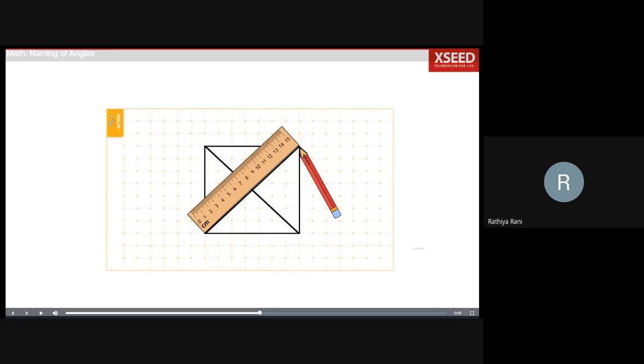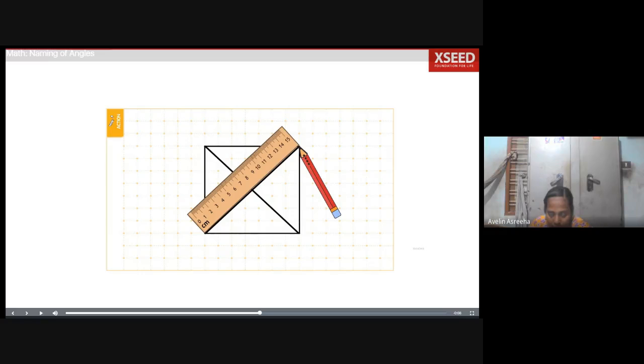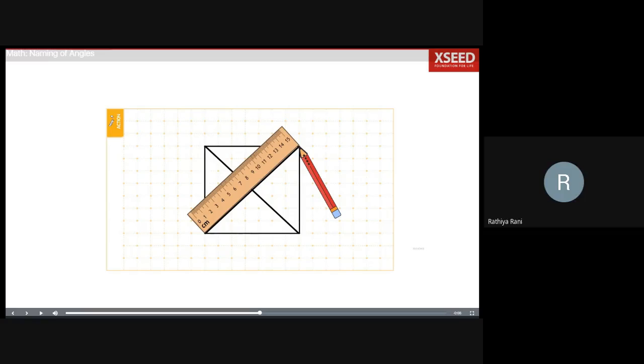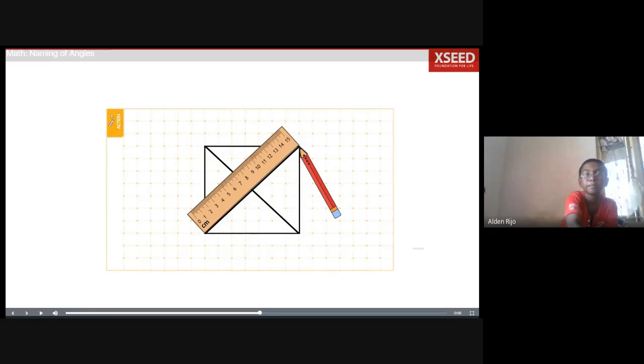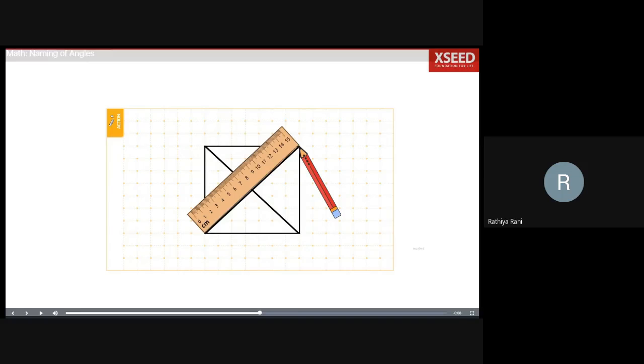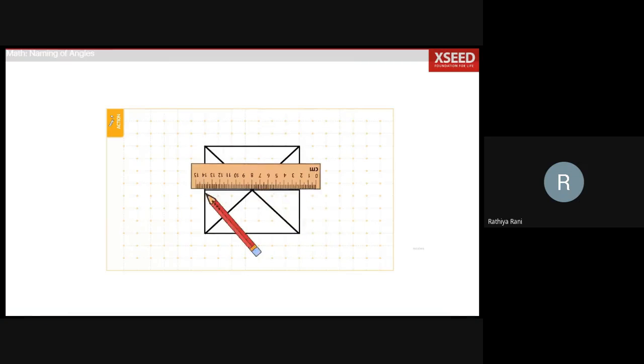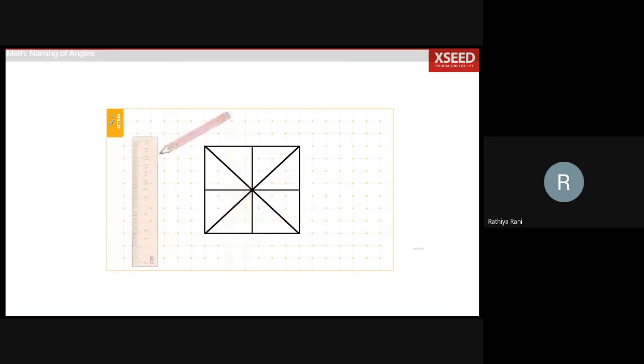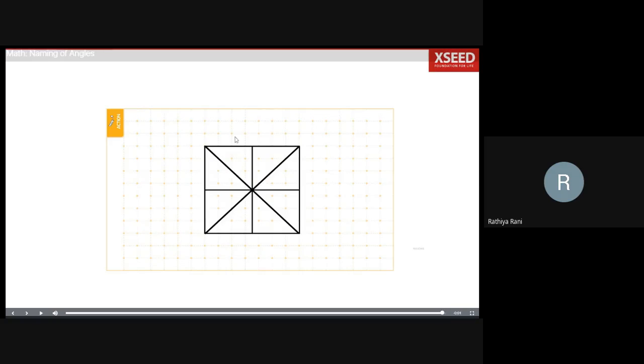Connect 2 corners in opposite directions and you will get a diagonal. Completed, ma'am. Okay, good. Then draw 4 lines to the sides of the square in all 4 directions. Next, draw 2 more lines like a plus symbol.